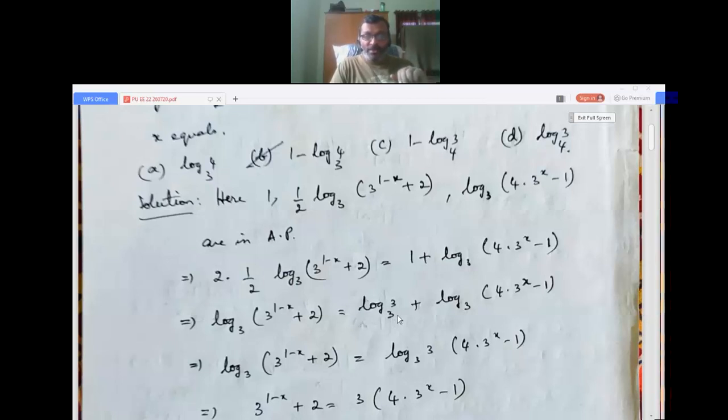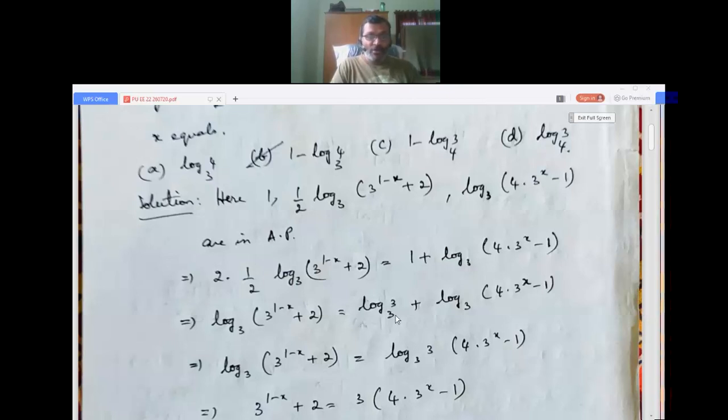So why I took 3 here is because 3 and 3 are there, I can use the rules of logarithms. Rules of logarithms can be used only when the bases are same. So we can use the first formula, log m plus log n, bases are same, equals log mn, or the converse.